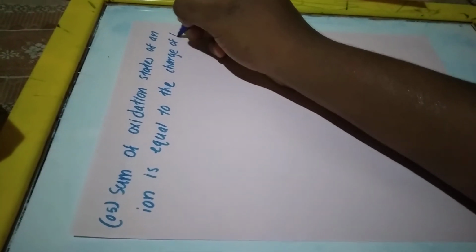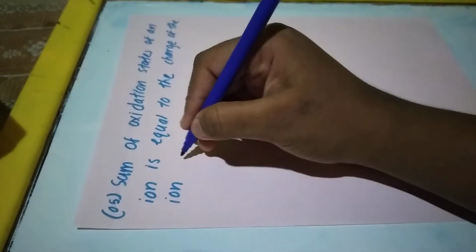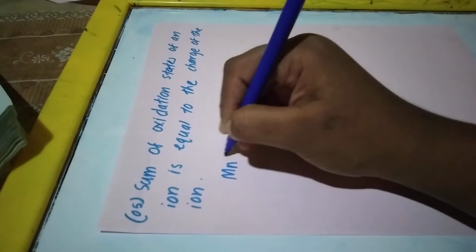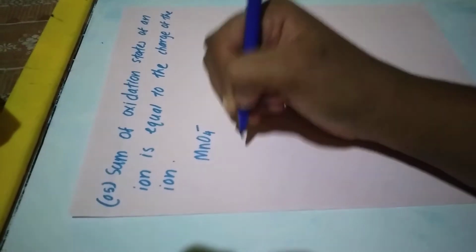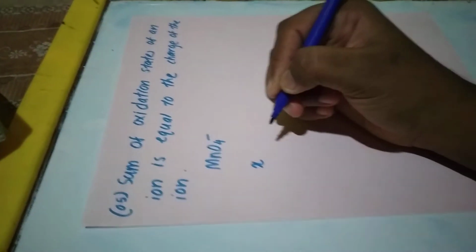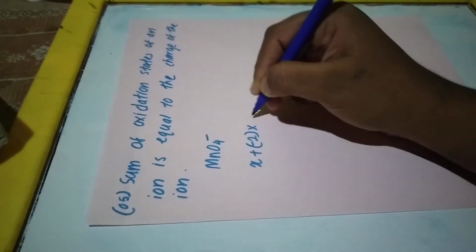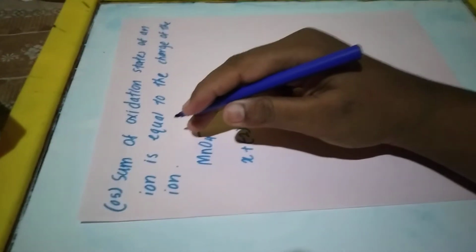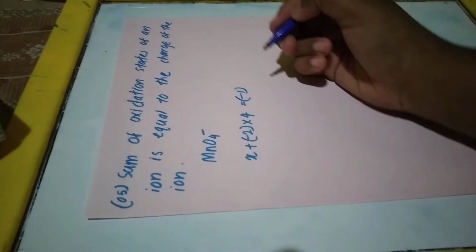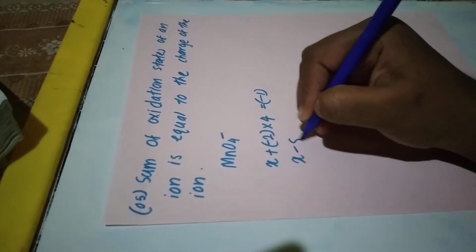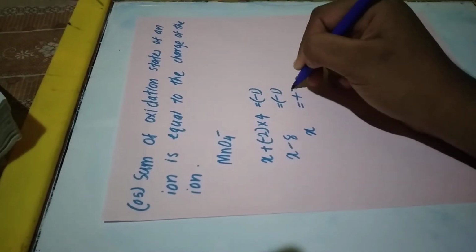If you take permanganate, you don't know the oxidation state of manganese, so you call it X, and oxygen is -2. -2 times 4 plus X equals the charge, which is -1. So X minus 8 equals -1, so X will be equal to +7.